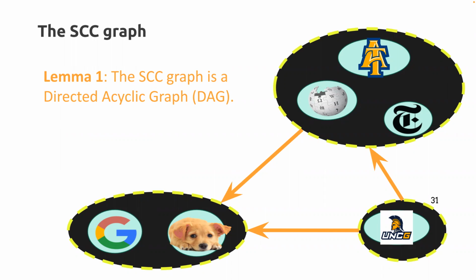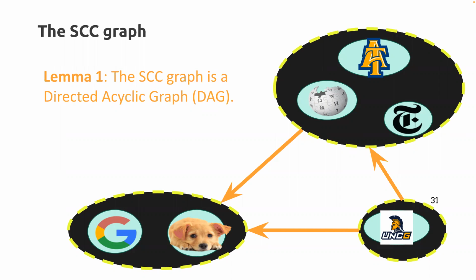Why does that become a directed acyclic graph? So it's directed because our graph was directed to start with. So that should be obvious. It's a graph because our graph was a graph to start with. So the question really is, why is it acyclic? Why can there not be cycles in this graph?